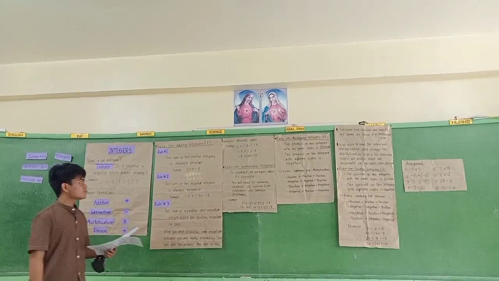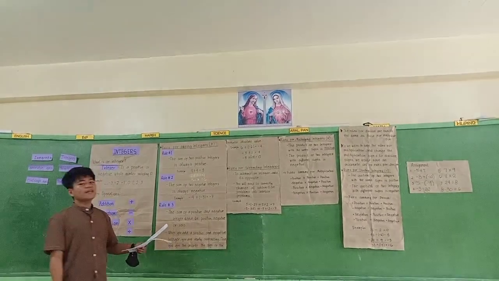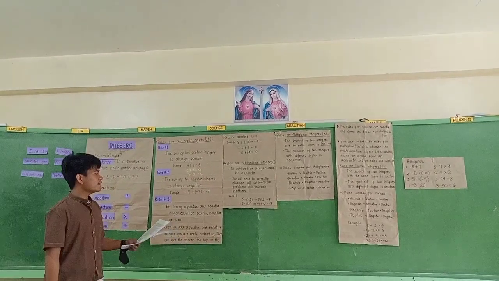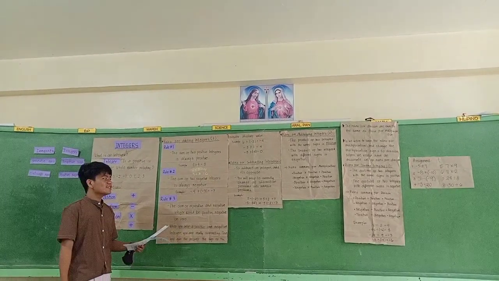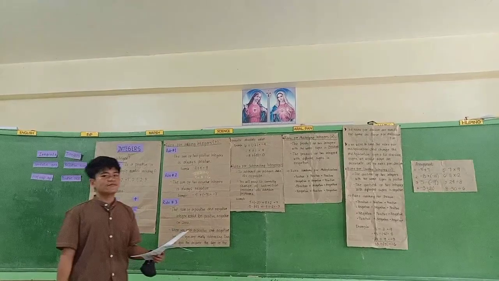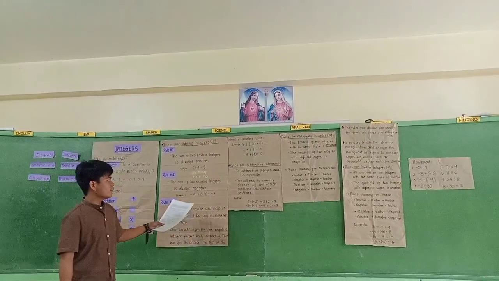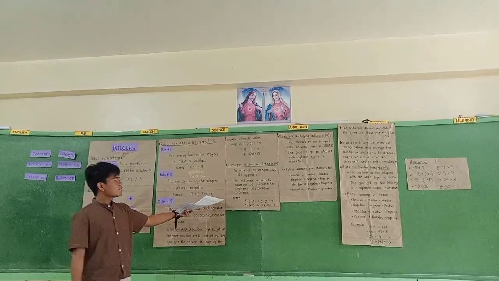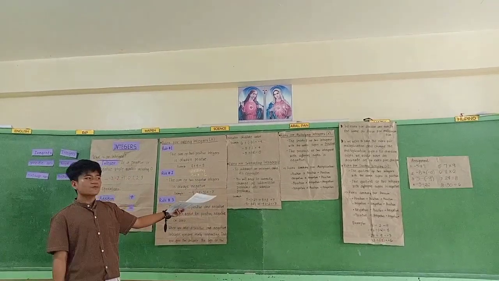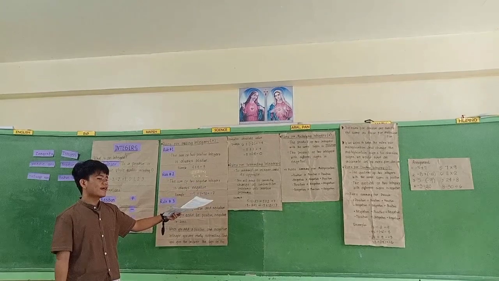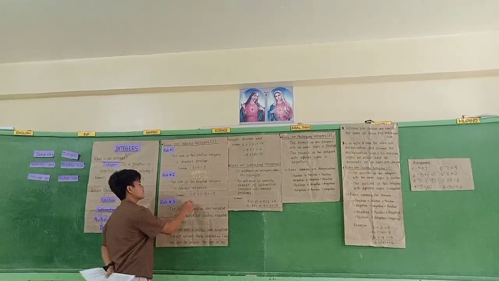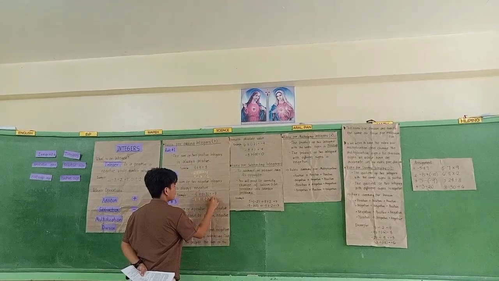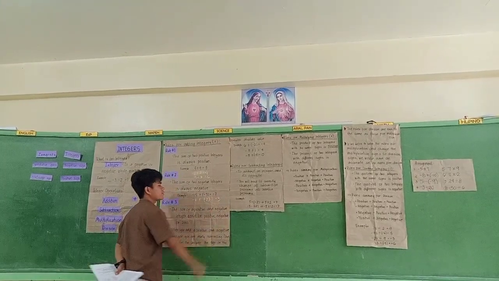Next, we have rule number 2. The sum of two negative integers is always negative. Example, negative 4 plus negative 3 equals negative 7. We have here the given, which is negative 4 plus negative 3, so we expect the sum to be negative, right? Another example, negative 1 plus negative 2 equals negative 3, right?